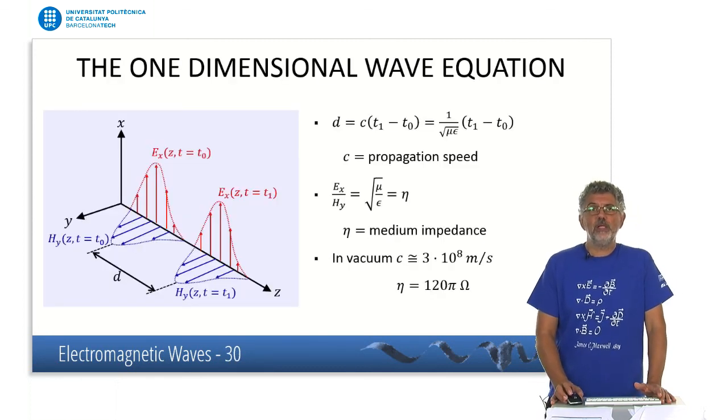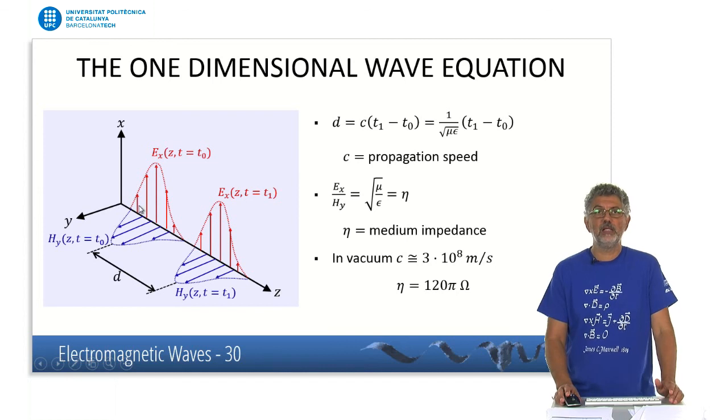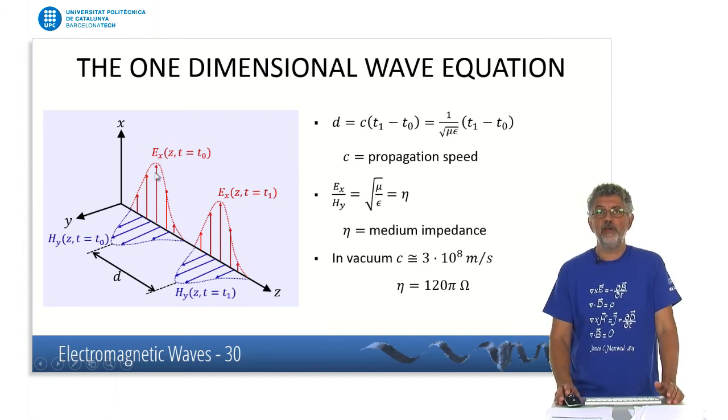Now, for that one-dimensional case, imagine that this is the electric field, those red arrows, that's the representation of a field that has a certain space variation at a certain time, t equals t naught, and this is the vector. The magnetic field is directed along the y-axis and is proportional. They are related by this medium impedance.